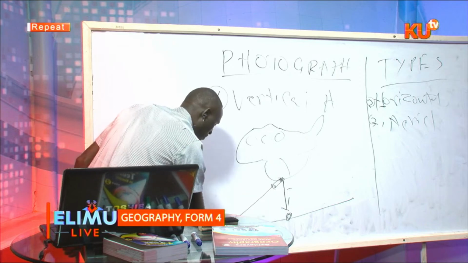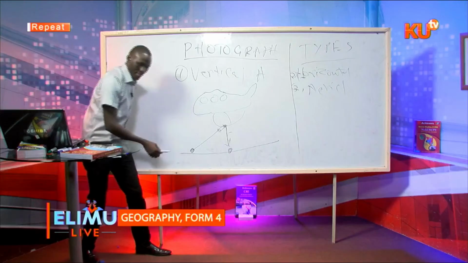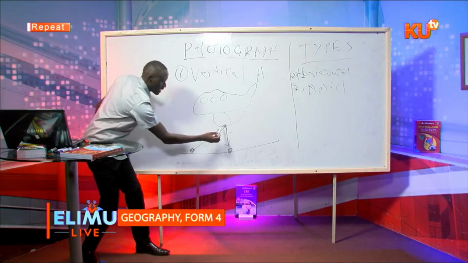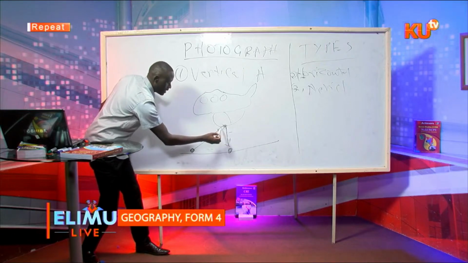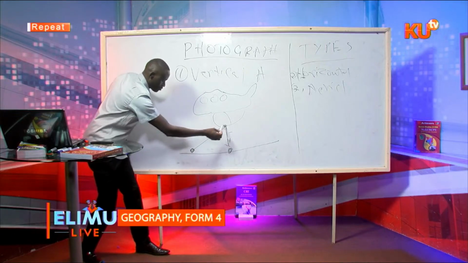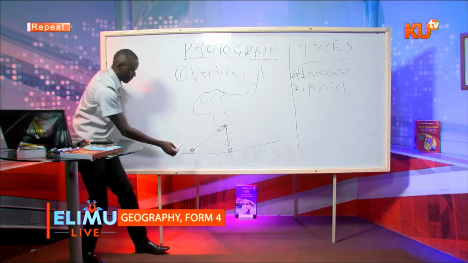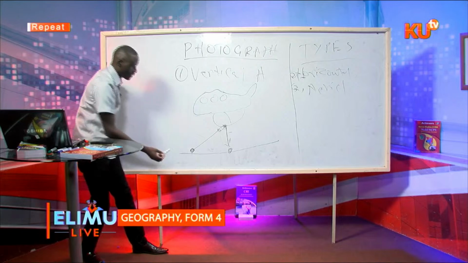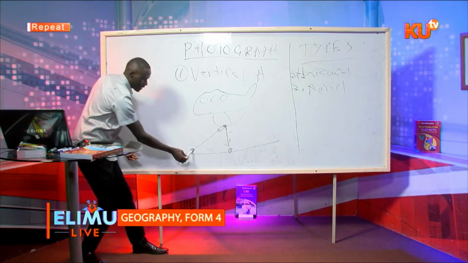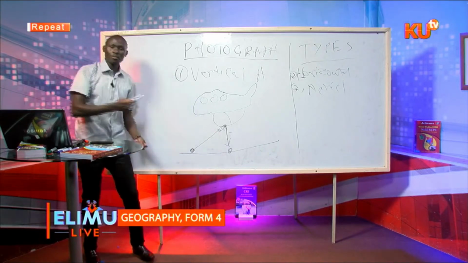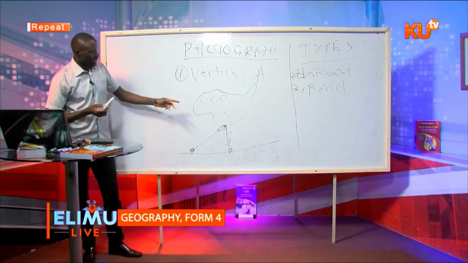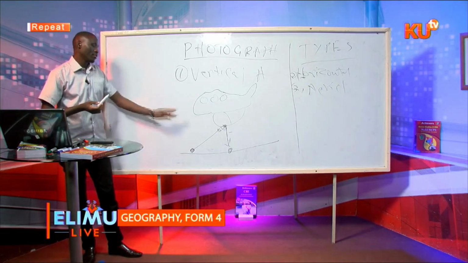So when it captures an object here, there is an angle between the camera and the straight line that goes to the object that the person, the company, or the institution is interested in.